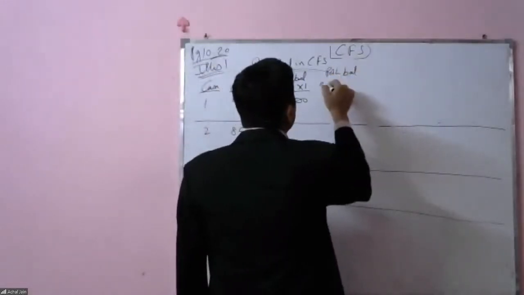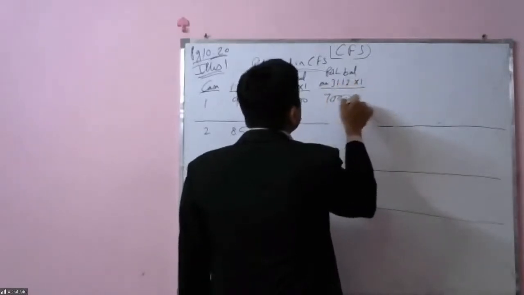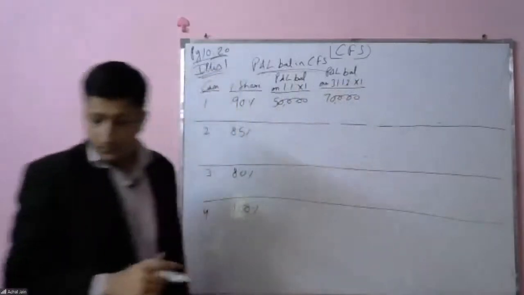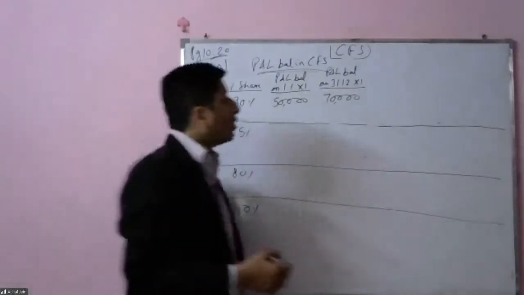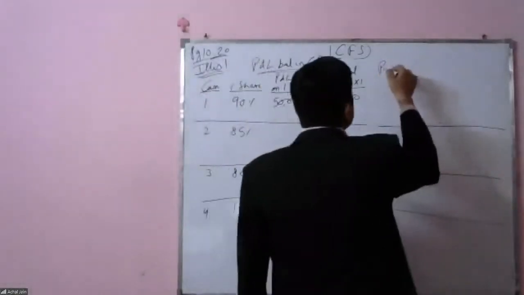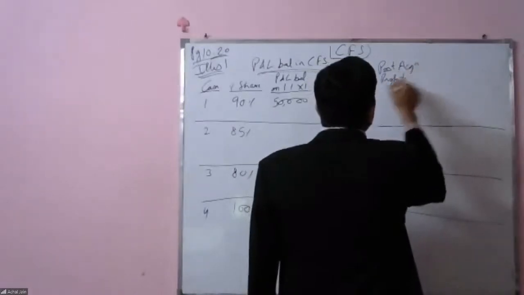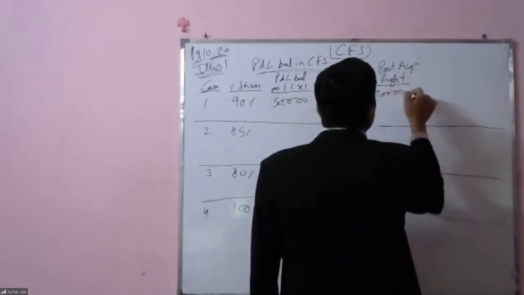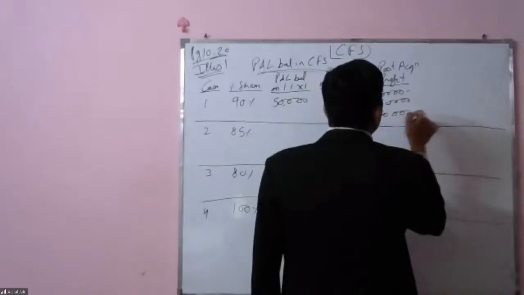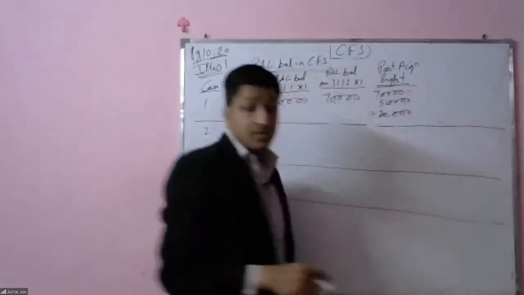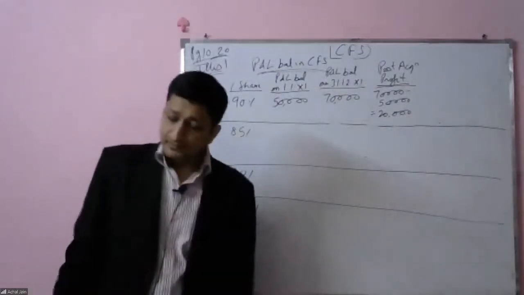P&L balance on 31st December X1 is 70,000. So what is the post-acquisition profit or loss? 70,000 minus 50,000. It is 20,000. So this is the profit which has been generated after acquisition.